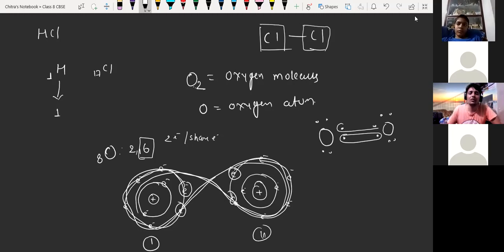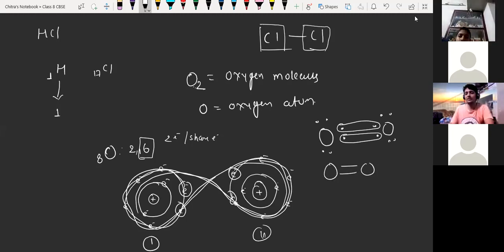If they share two pairs of electrons, there will be two covalent bonds between the oxygen atoms, and we represent that as the O2 molecule. So here oxygen contains two covalent bonds. Understood?